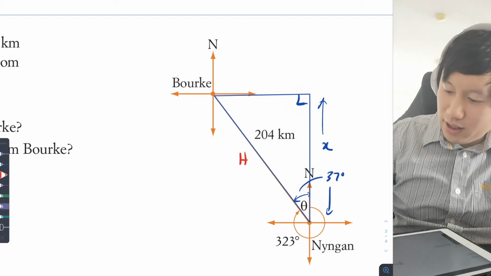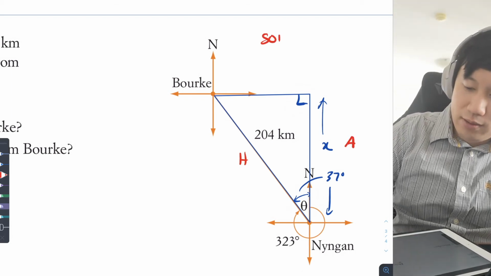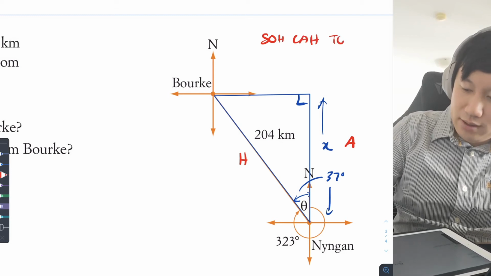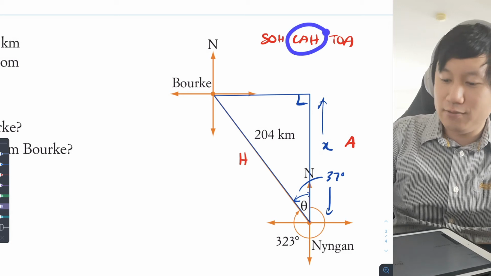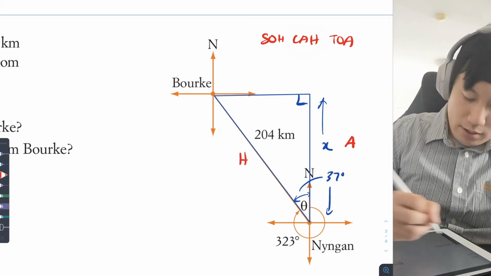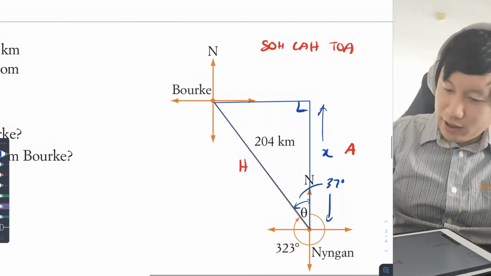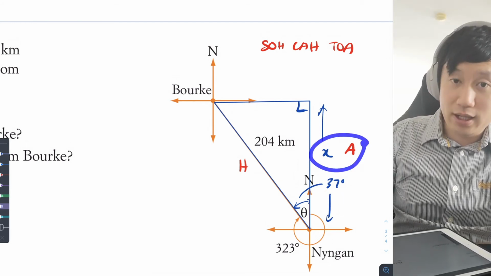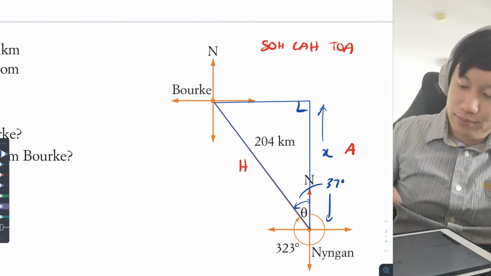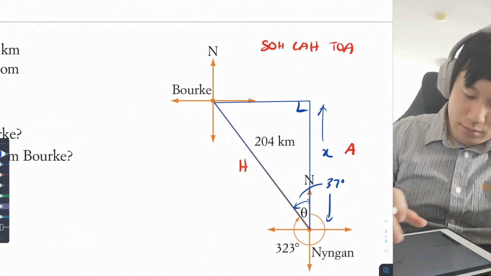So that is just our adjacent side. So if we use SOH CAH TOA, the correct trig ratio that involves A and H is the cosine ratio. So we're going to write cosine of 37 degrees, and that's equal to our adjacent edge, which is x over 204. So let's write that down.